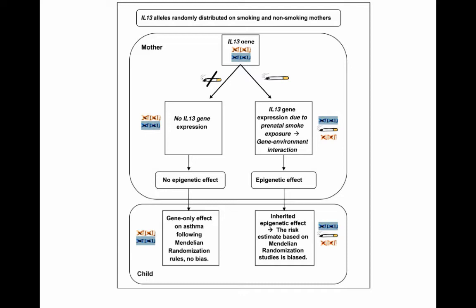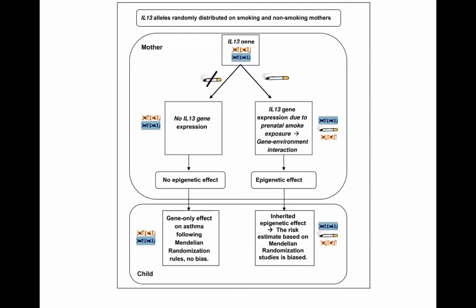We also know in that scenario that maternal tobacco smoking during adolescence in particular results in epigenetic changes, and we assume that the child can inherit such changes. So at conception, the child inherits both the IL-13 SNP allele that would either confer higher or lower inflammation, and the epigenetic alterations conferred by mother's smoking.